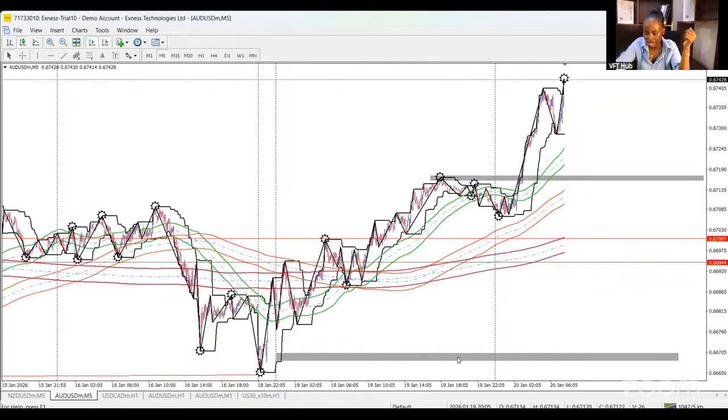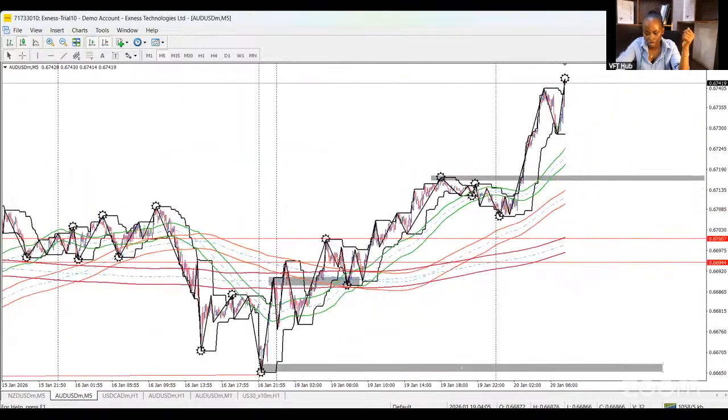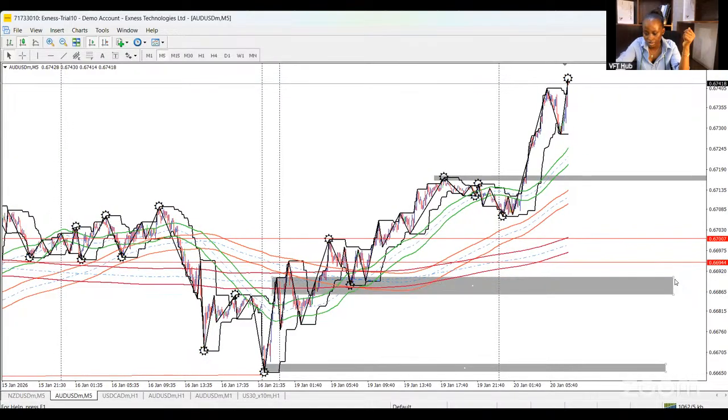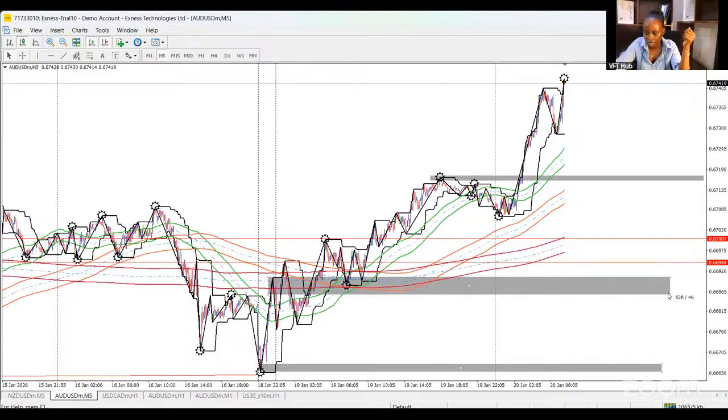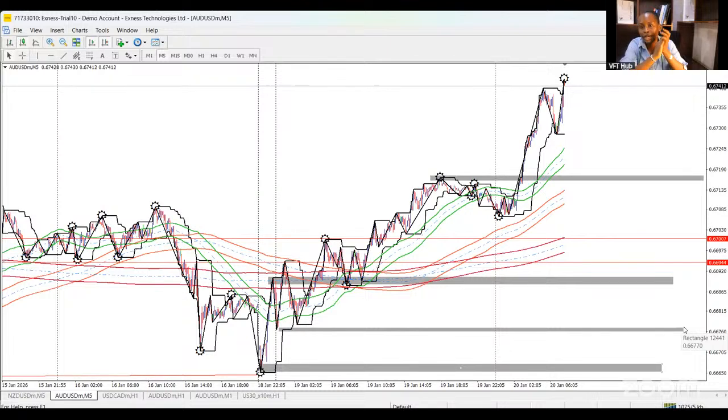Going to adjust this. So these are now the 4 areas I'm marking out on M5. When price eventually comes back here and gives me confirmation, I'm going to be buying from those zones.